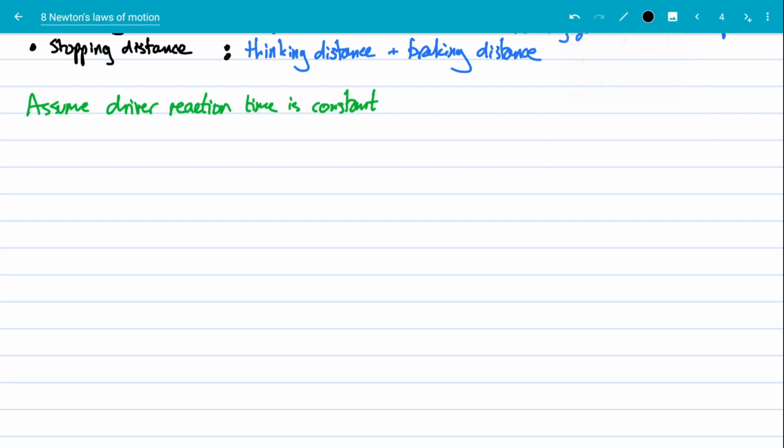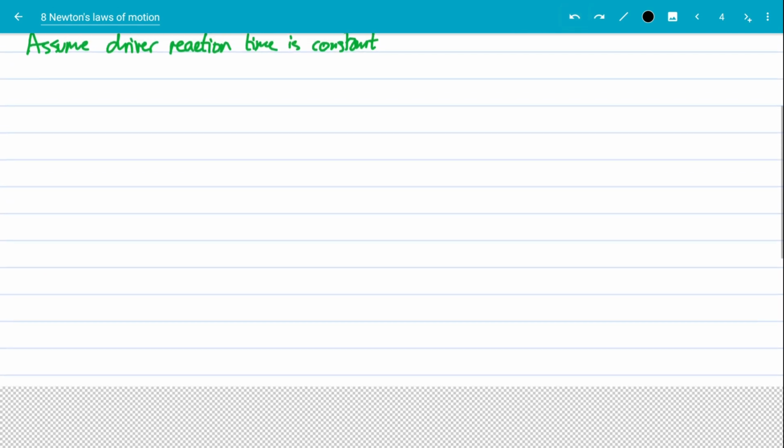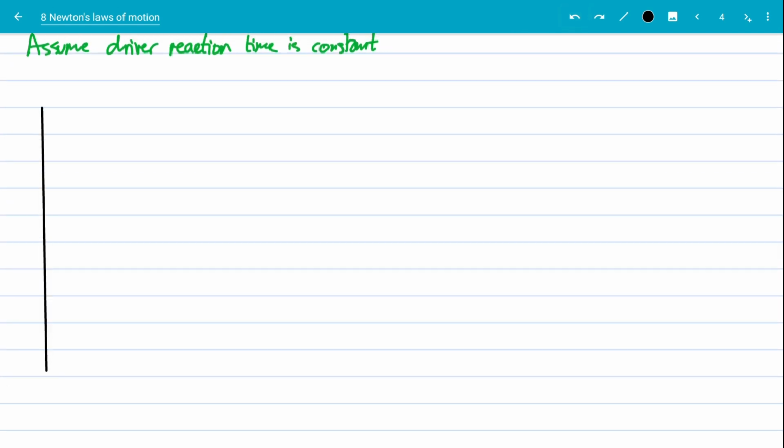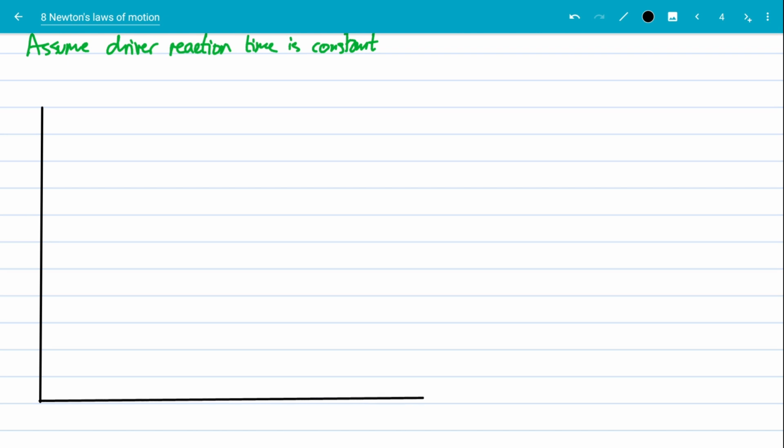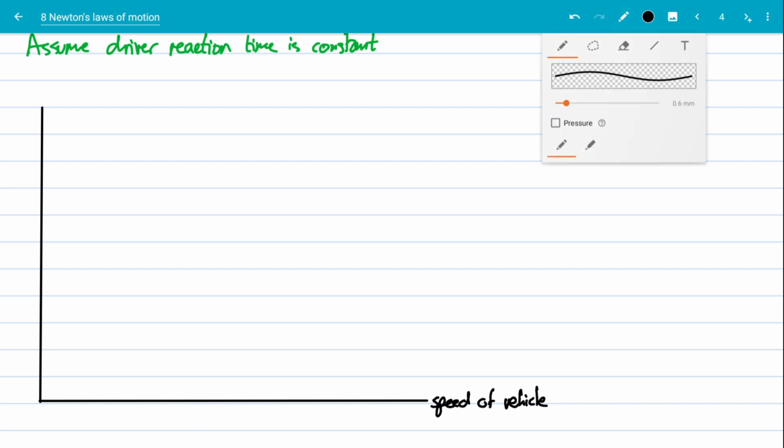If we assume the driver's reaction time is constant, then what we find is that if I plot a graph of the distance traveled versus the speed of the vehicle, it will be a straight line.